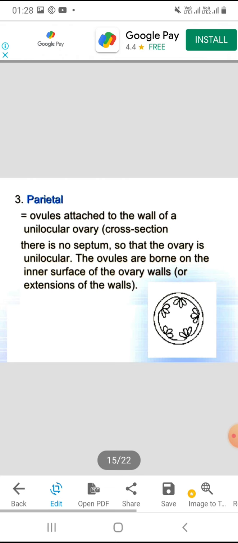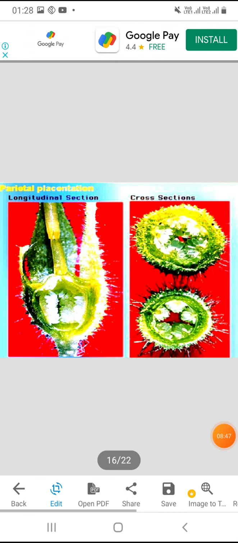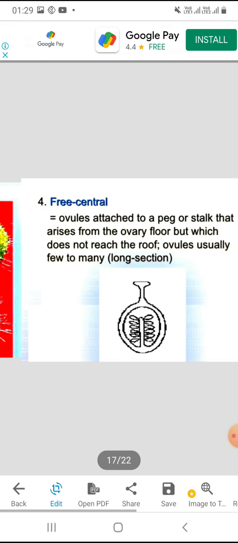The ovules are attached to the wall of a unilocular ovary, as in cross section. There is no septum, so the ovary is unilocular. The ovules are borne on the inner surface of the ovary wall or extensions of the walls. Here is the picture of parietal placentation, the longitudinal section and cross section. There is no septum.